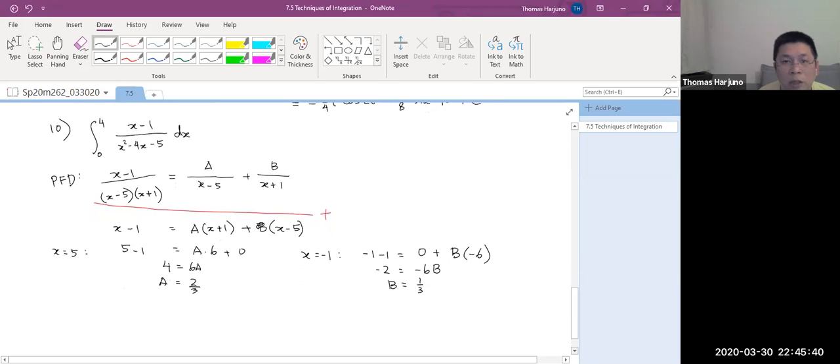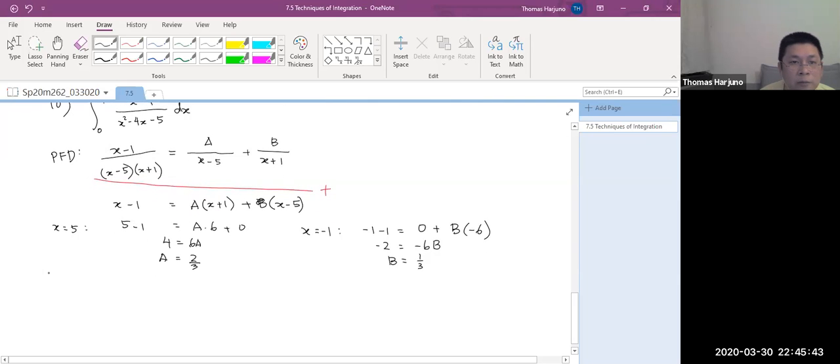From that partial fraction decomposition, we get the integral from 0 to 4 of (x minus 1) over (x squared minus 4x minus 5) dx equals the integral from 0 to 4 of 2 thirds, that's my A, right, dx over x minus 5, plus 1 third integral from 0 to 4 of dx over x plus 1.